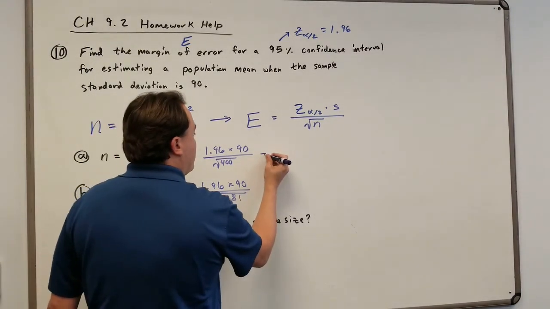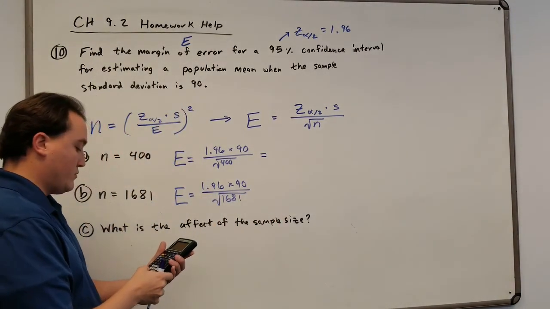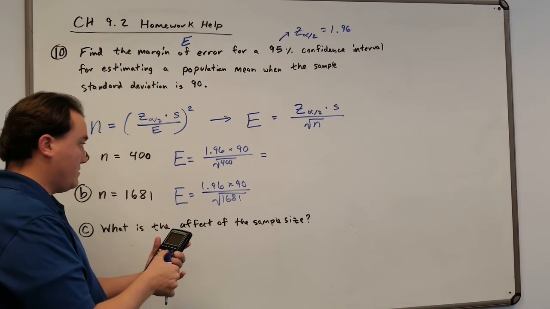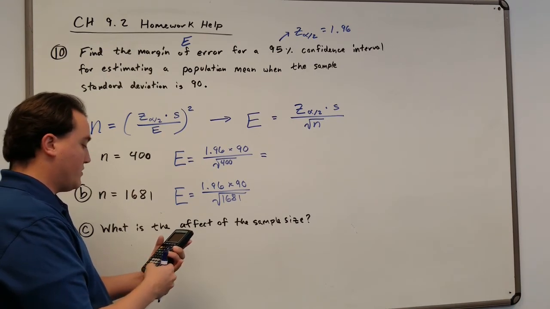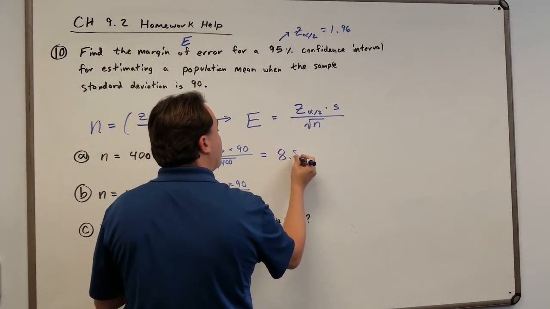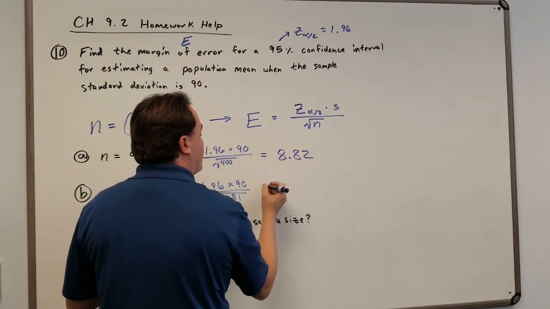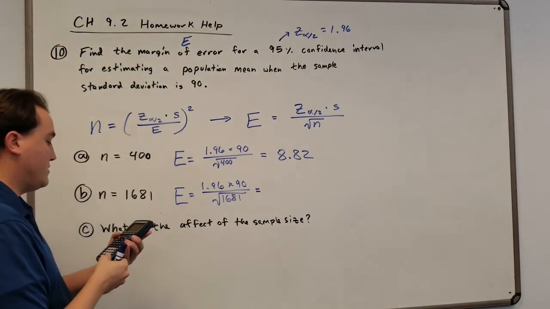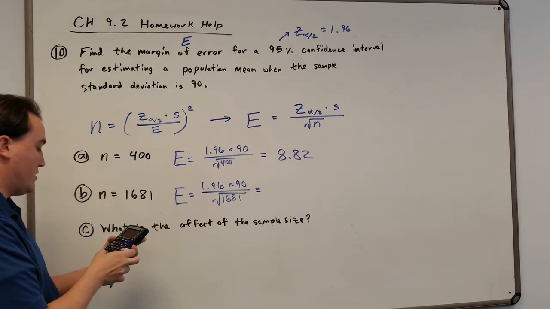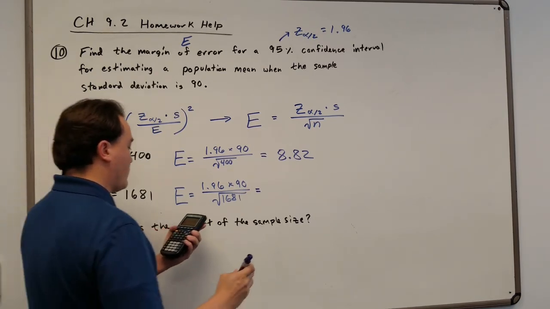So we get 1.96 times 90 divided by square root of 400 is 8.82. Error is fine to have a decimal. The second one, the only thing we change is the bottom, which is the square root of 1681, is 4.3.